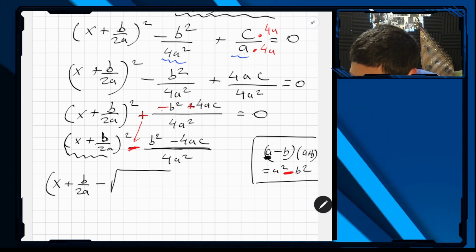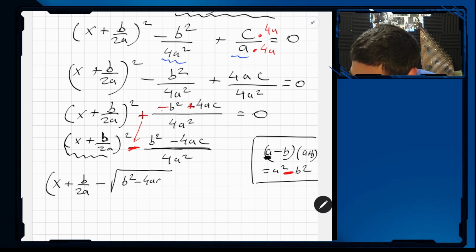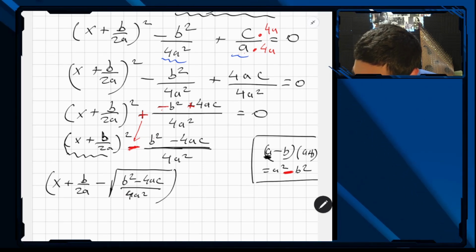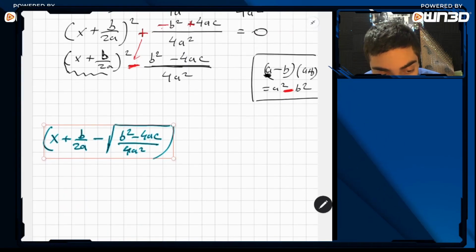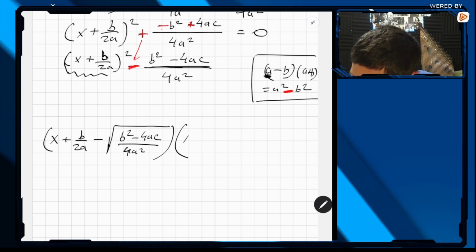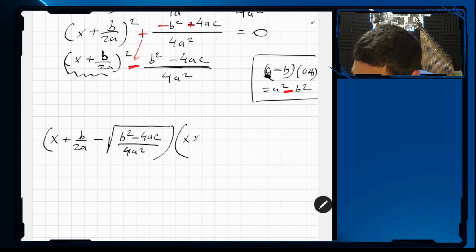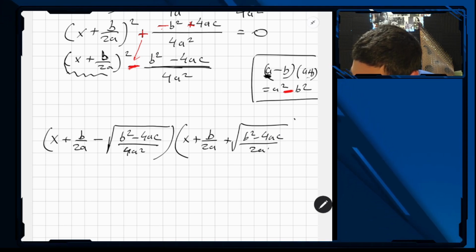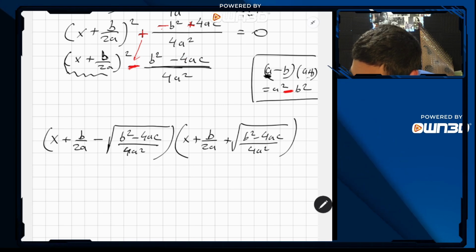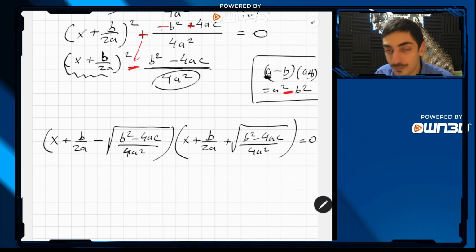So the square root of b squared minus 4ac over 4a squared, multiplied by, let me copy this down so that it has space, x plus b over 2a plus the square root of b squared minus 4ac over 4a squared, equals 0.